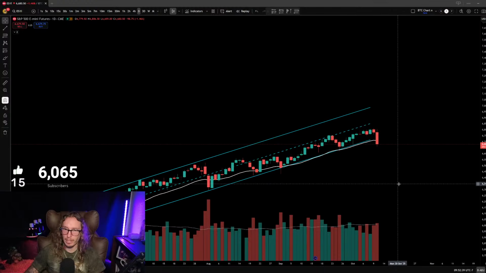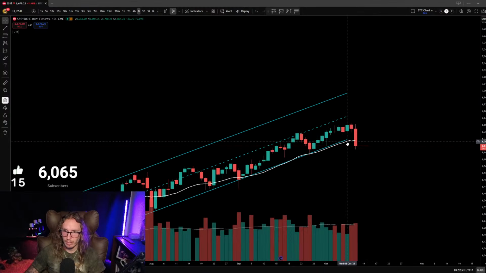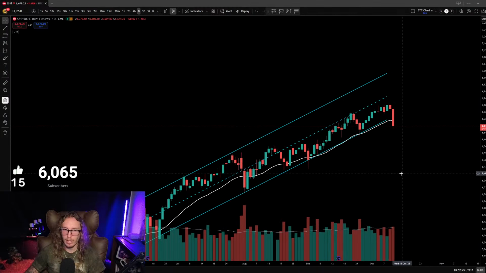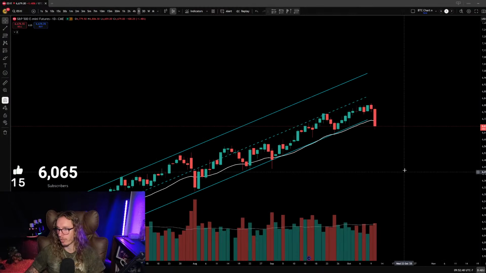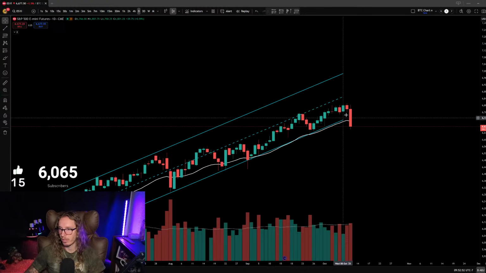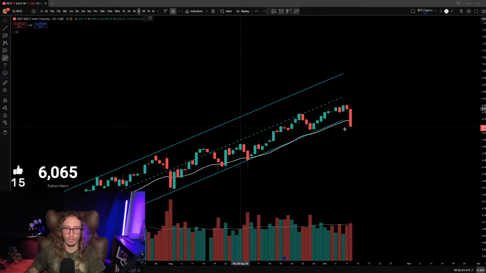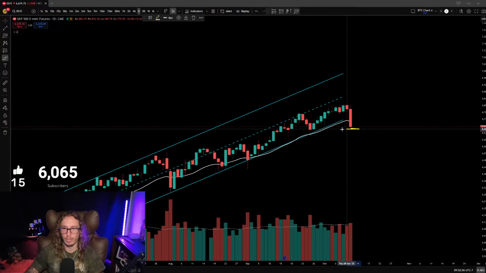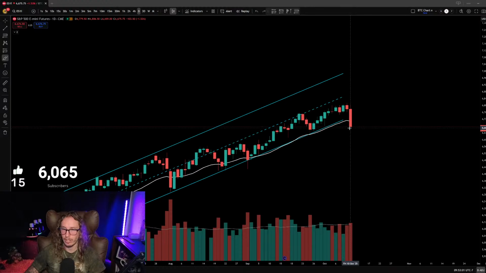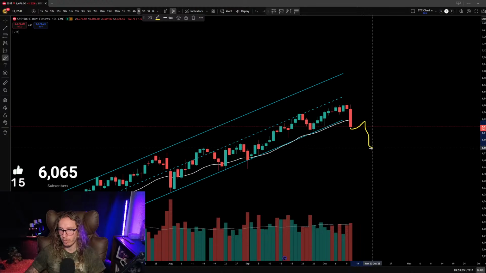Now, depending on how this bar closes today, we might break through the bottom of the channel. What's good about that is, what do we know about price action? We know that the most likely situation, if we do close down here, is that we're eventually going to have some sort of new low and then move to a new high.